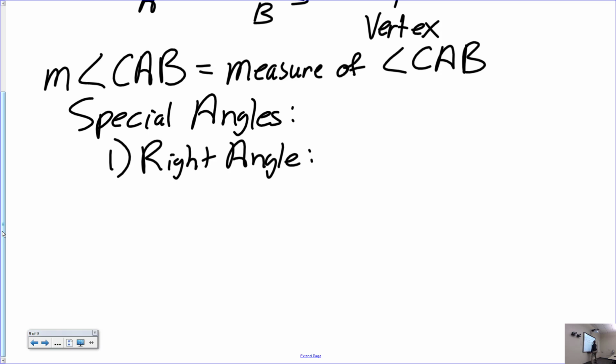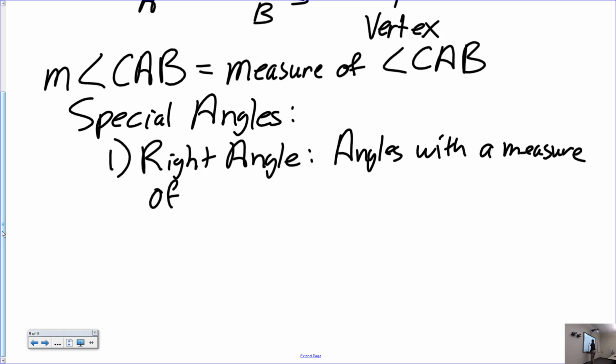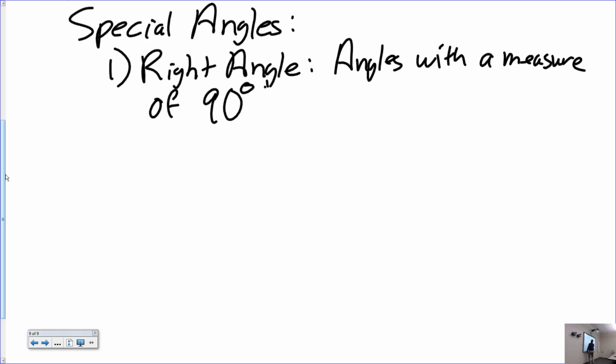Right angles, folks, are just angles with a measure of 90 degrees. Here's A, here's B, here's C. And that's standard notation on an angle to indicate that it is a 90-degree angle.